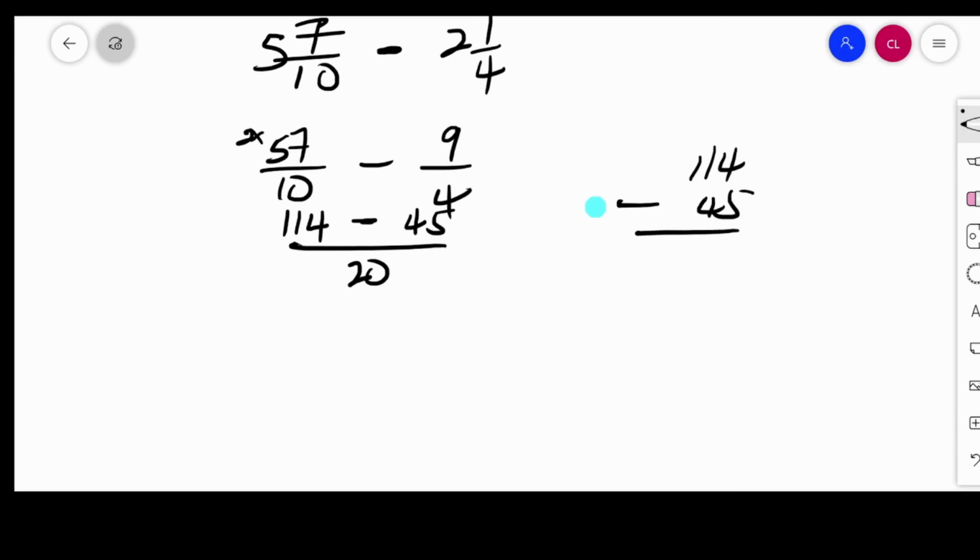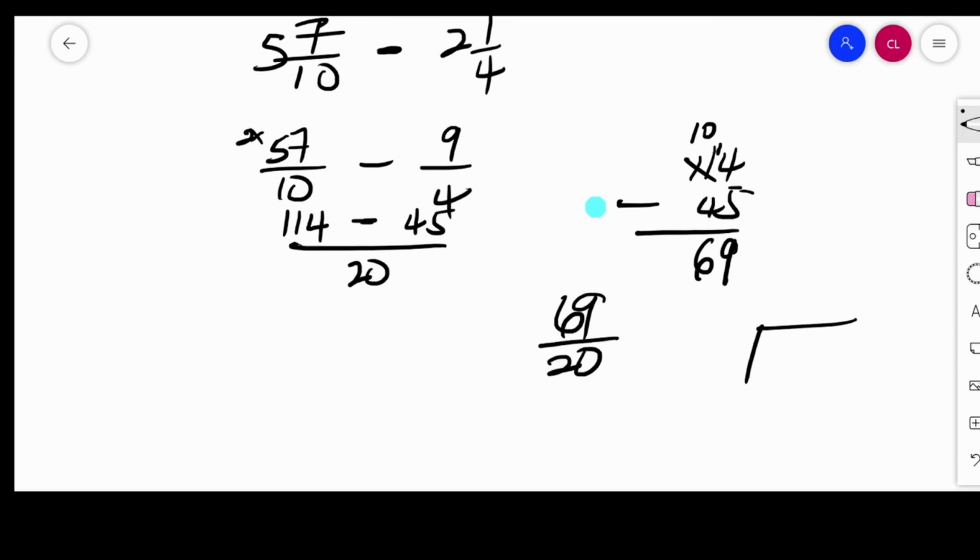So we need, since 5 can't come from 4, take 1, we'll have 14 here. 5 from 14, this will be 9. And 4 from 10 would be 6. Let's see. So if we have 69, how many times could 20 go into 69?